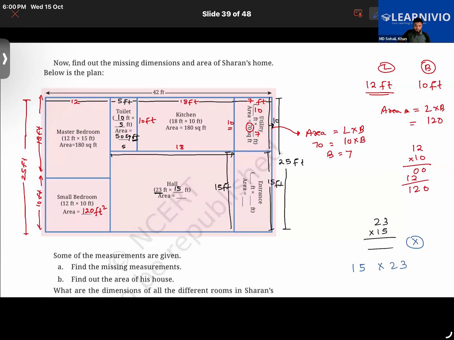Think of the bigger number in terms of 20 and 3. 23 can be written as 20 and 3.